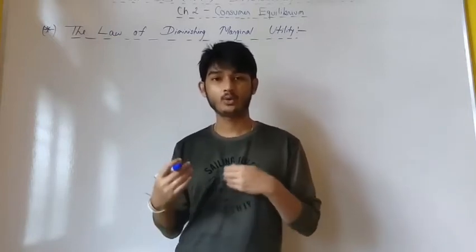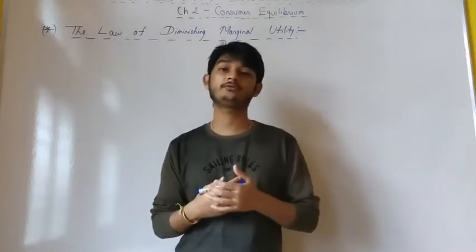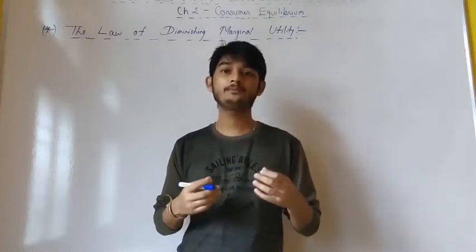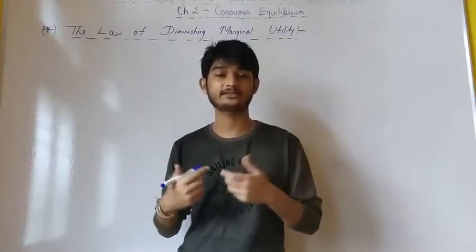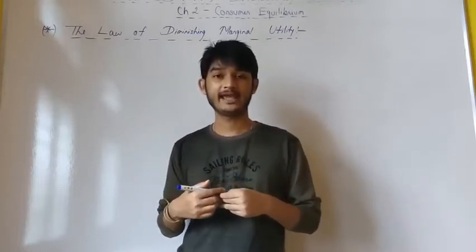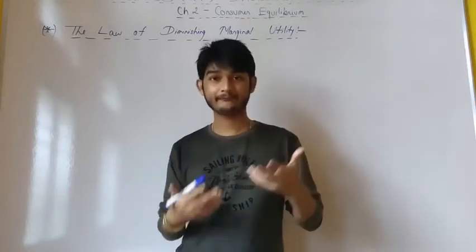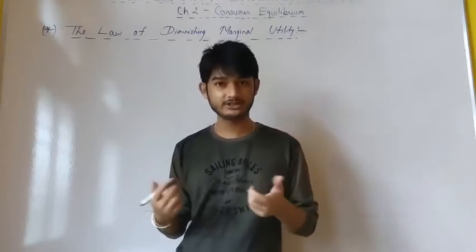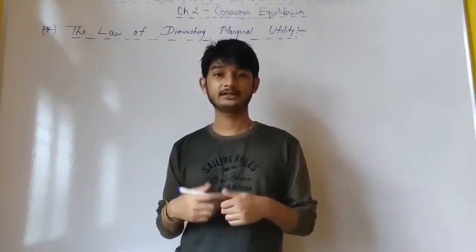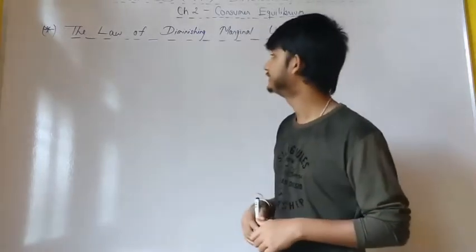That means whenever we consume one more extra unit of a commodity, we will be acquiring some amount of utility. And whatever is the additional utility we get from the consumption of one more extra unit of the commodity consumed, that utility is basically known as the marginal utility.